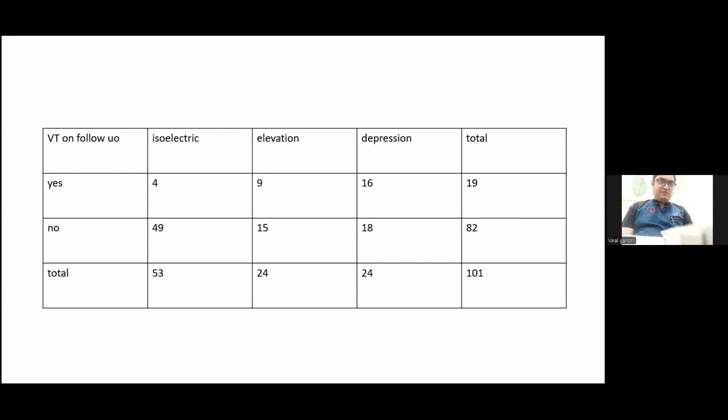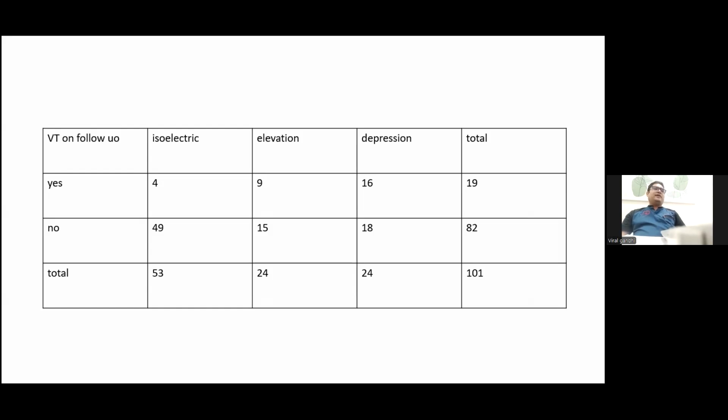Though this data was clinically not significant, we come to know that if the patient has ST elevation or depression in lead AVR at the acute MI presentation, they are more likely to have complications like VT, LVF.